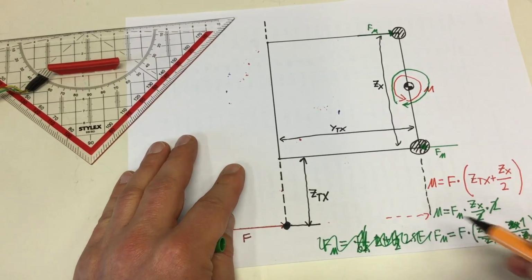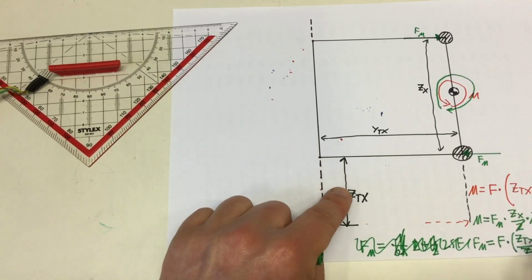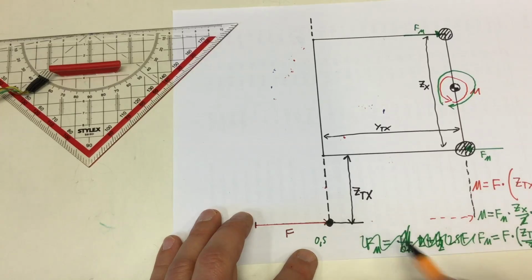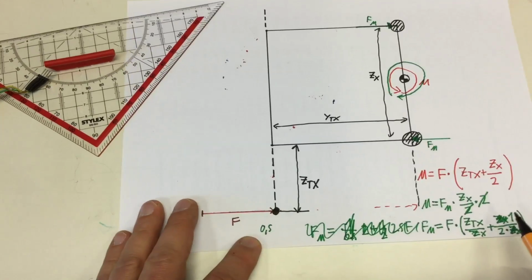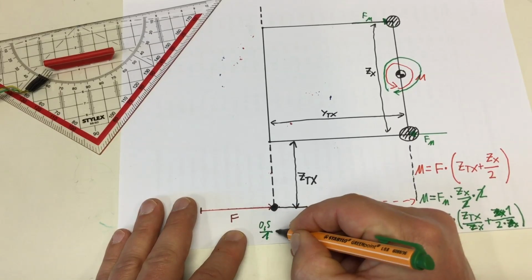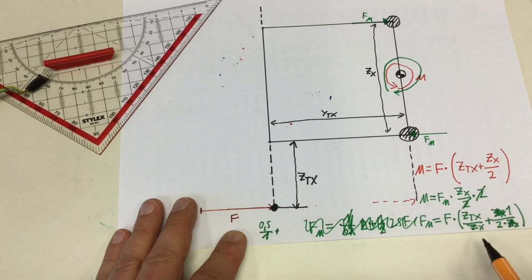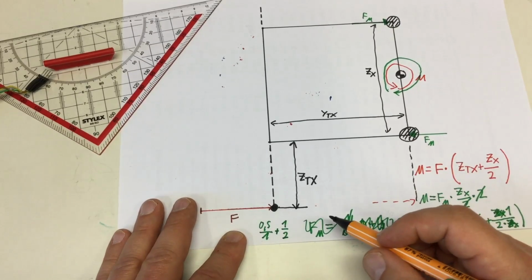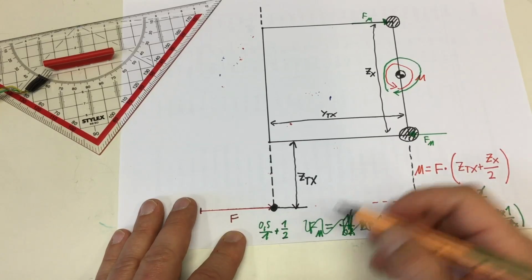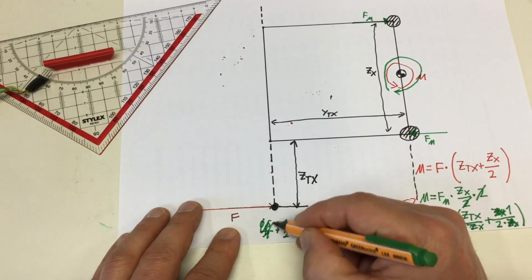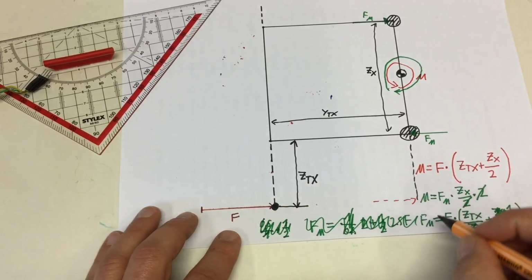So our ZTX over Zx, which was 1, plus 1/2. So, and you can see this is simply 1. That's the reason why I've drawn exactly those dimensions. So that's basically 1.